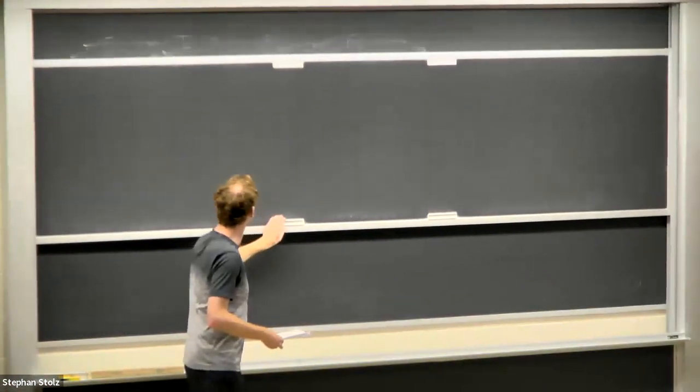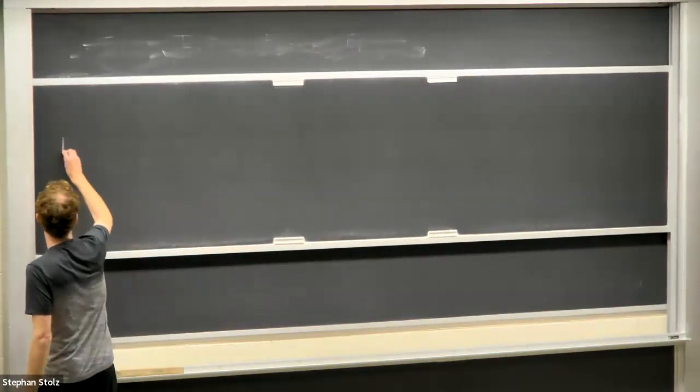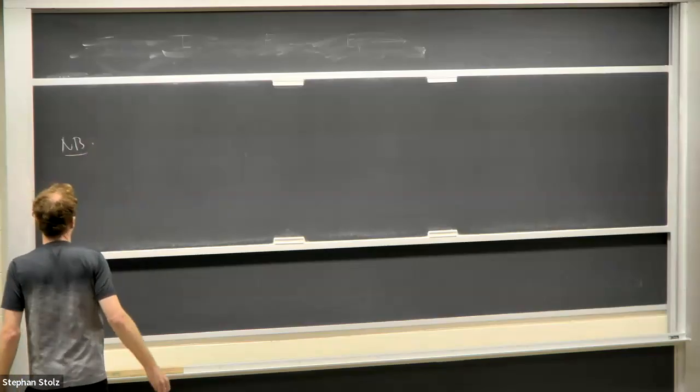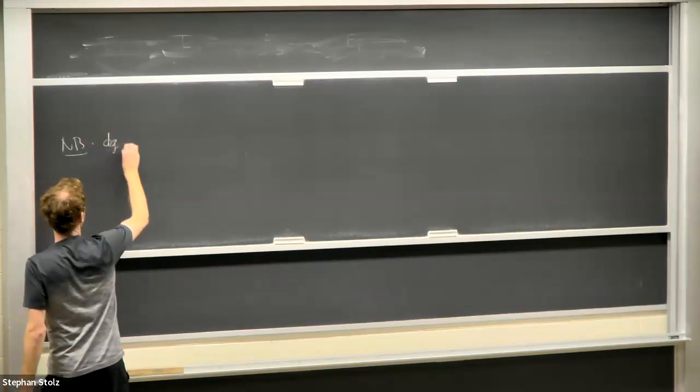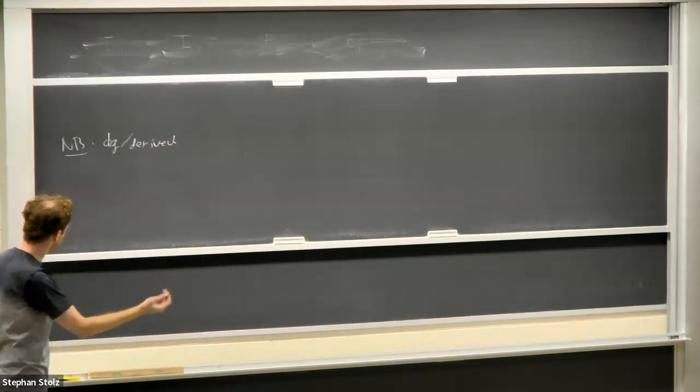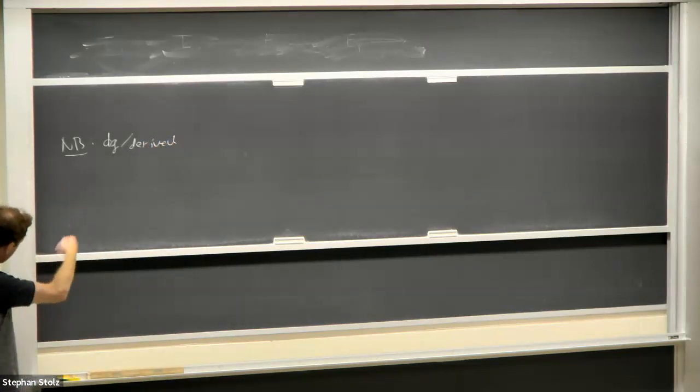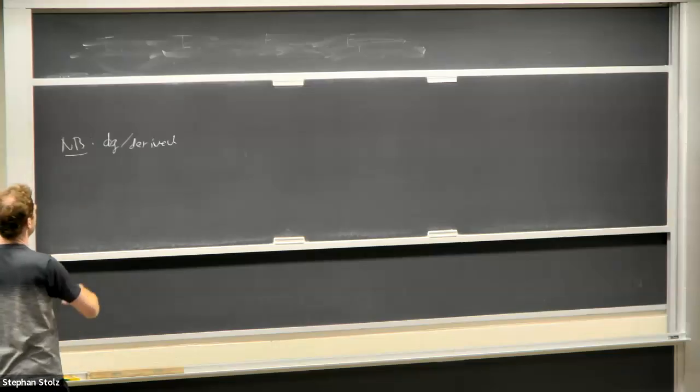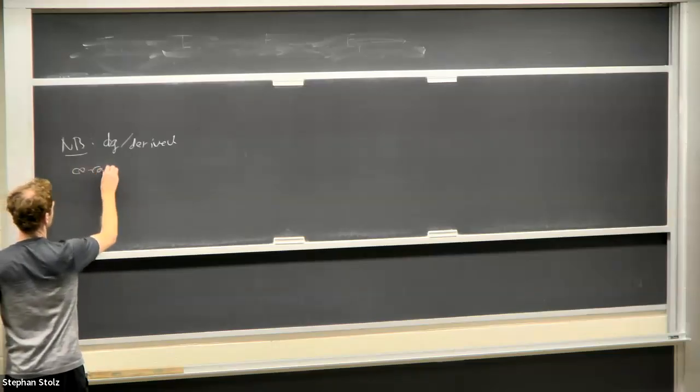Maybe I will note that for the rest of the talk, we're going to have lots of DG objects, lots of derived objects. To deal efficiently with things like this, we're going to be in the setting of infinity categories.